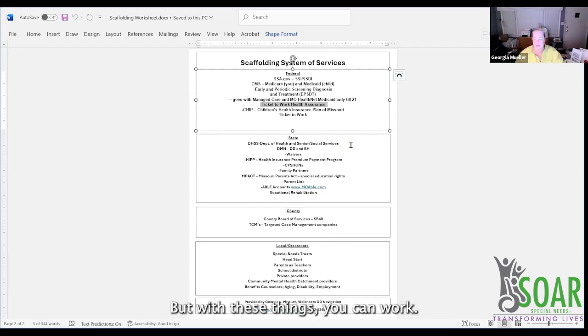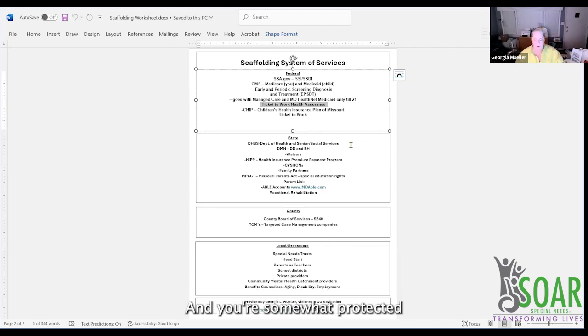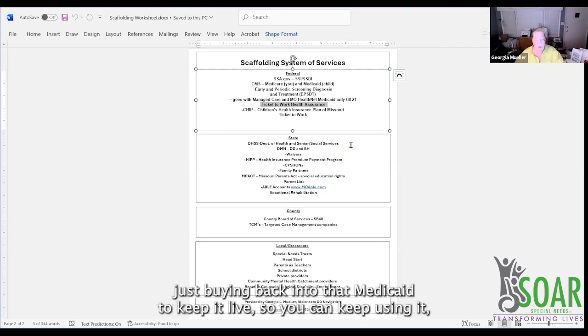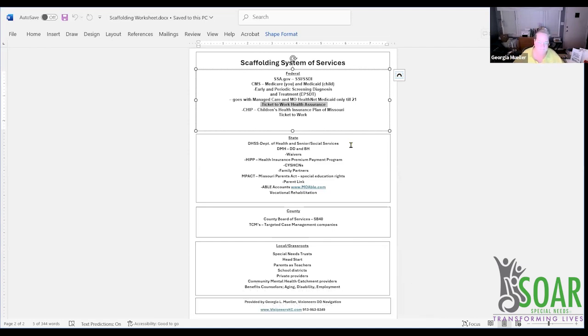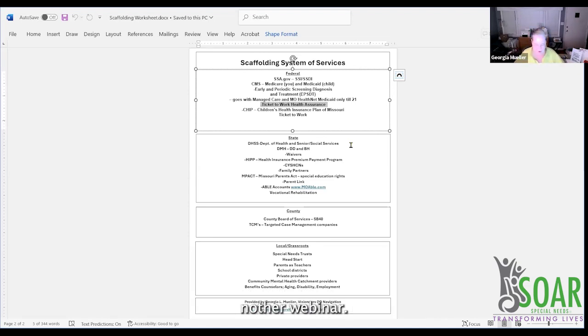With these things, you can work, you can go past your substantial gainful activity, and you're somewhat protected from medical redeterminations. You can earn a very substantial living, but you are just buying back into that Medicaid to keep it alive so you can keep using it. But you have to get to it through the whole ticket to work system, which is a whole other webinar. So I wasn't really planning to go quite that deep tonight.